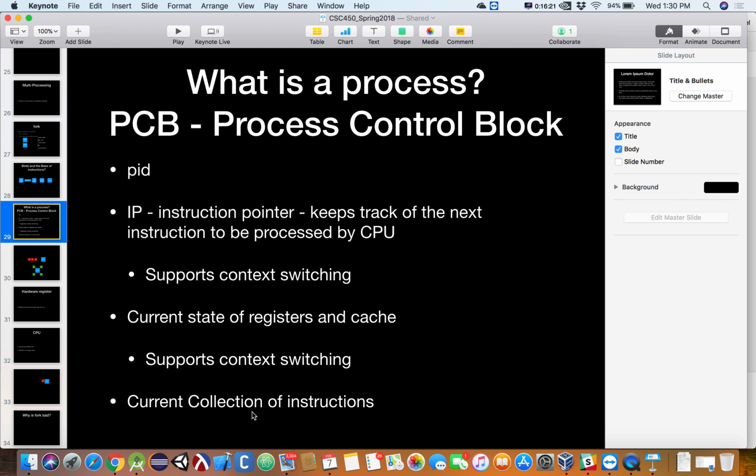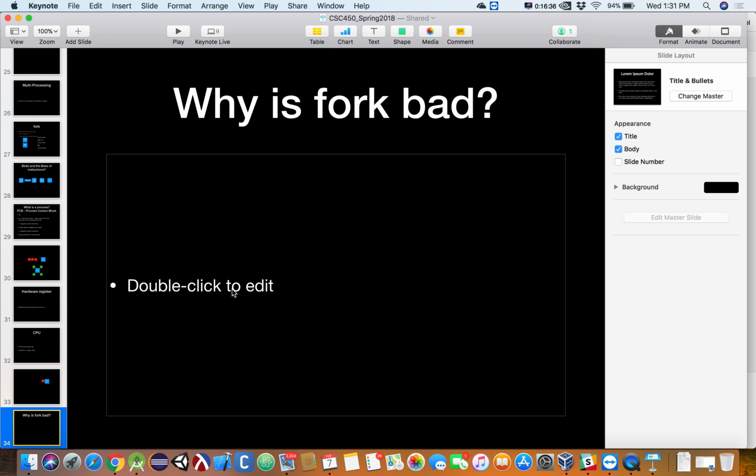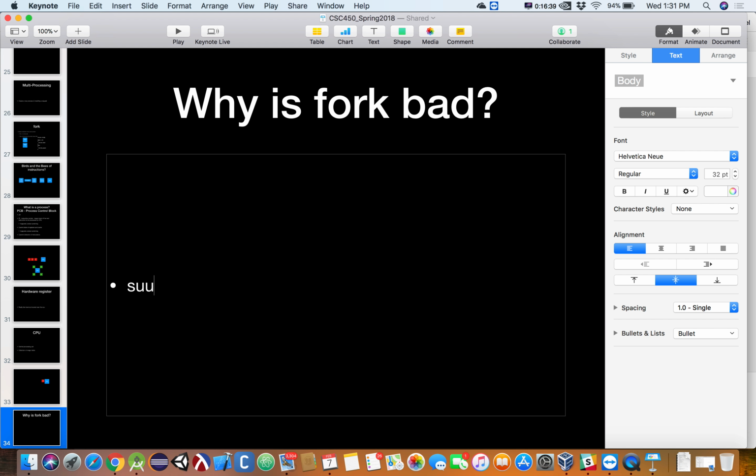Now, the reality is that when we think about the types of problems we're solving with multiple processes, we might not need all that information. We really kind of need things to happen in a, so we're going to say, supports non-blocking processing at the cost of resources.